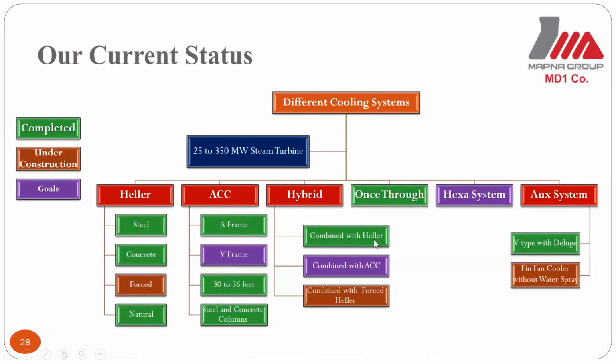But now our goal is to extend our activities to V-frame ACC, hybrid system, combined wet and ACC, and hexacool system. As you can see by purple boxes, V-frame ACC is new for Mapno. Combined system with ACC is also new, and also hexacool.